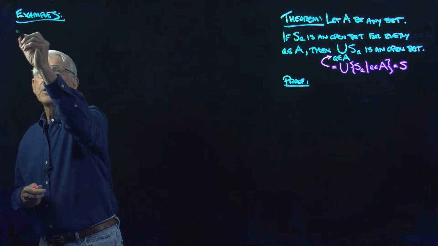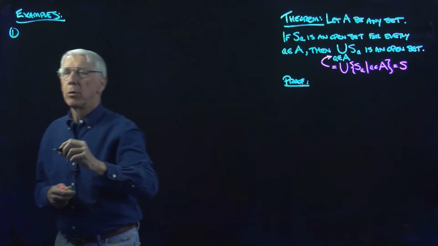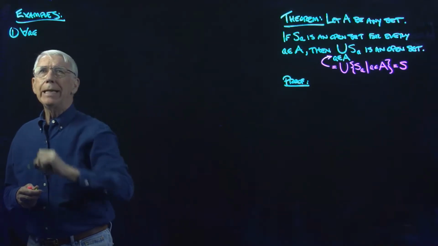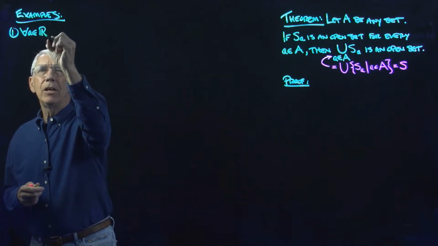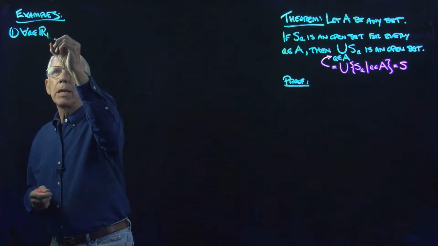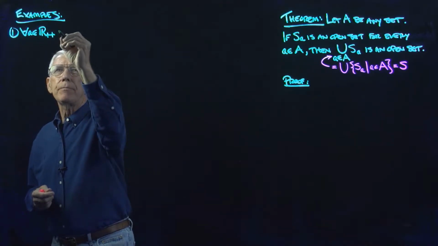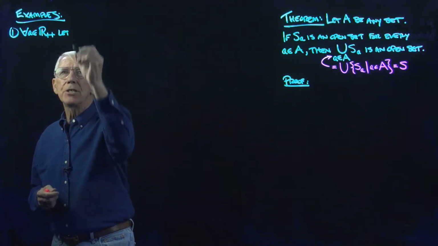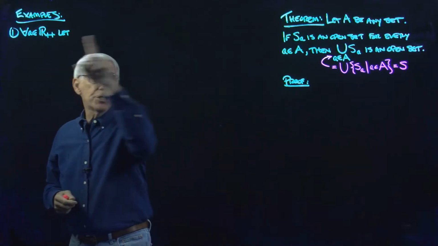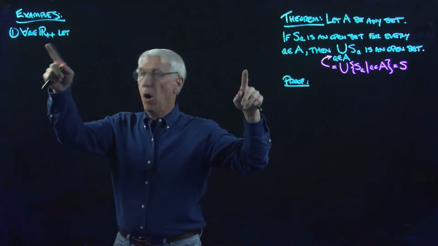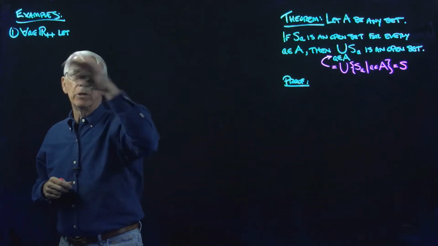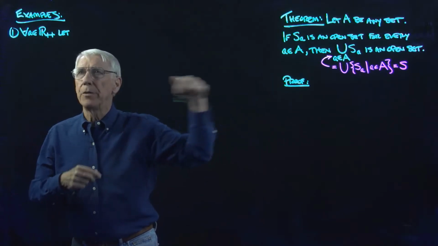And let's say our first example, for every a in R plus plus, for every strictly positive real number a. So here R plus plus, for the moment, would be playing the role of capital A, although we're not actually applying the theorem yet.